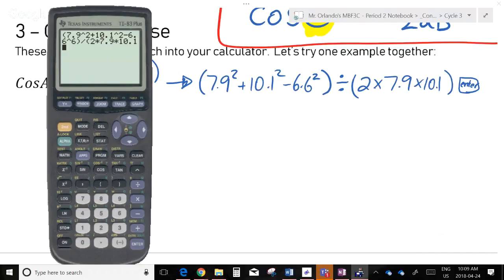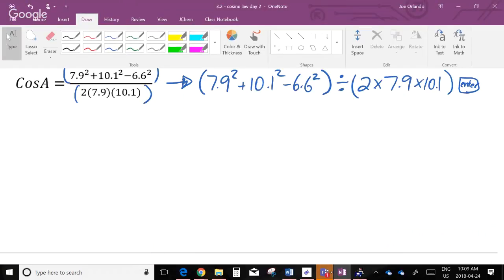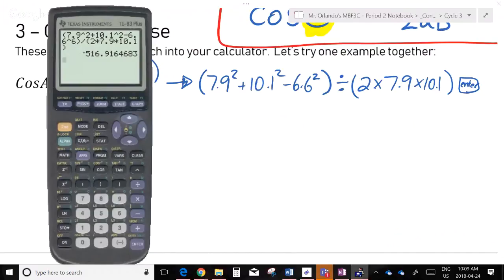Does everyone have something similar to that? Okay, when I press enter, I got... that is not right. Oh, I did, okay, so that was dumb. I should try that again.